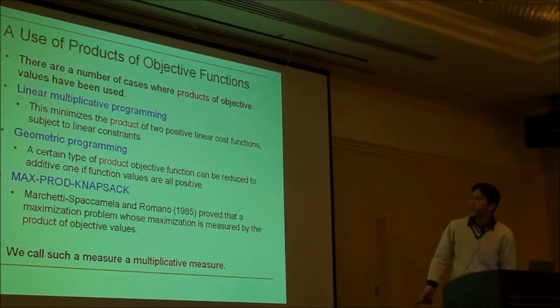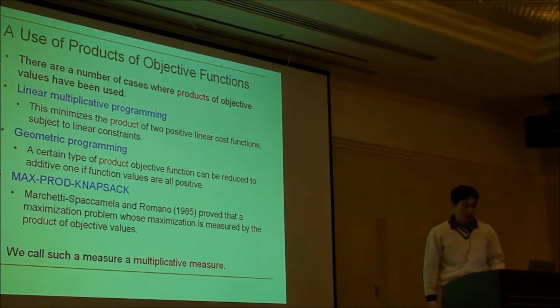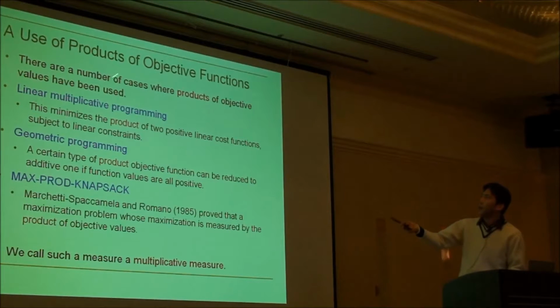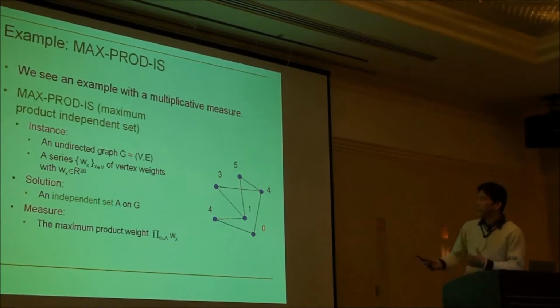This is a variation of the max knapsack problem, where the maximization is measured by the product of the objective values instead of the summation. I simply call such product objective functions the multiplicative measure, in comparison to the additive measure.